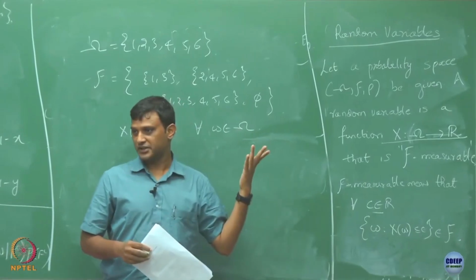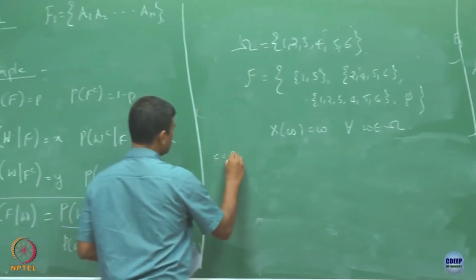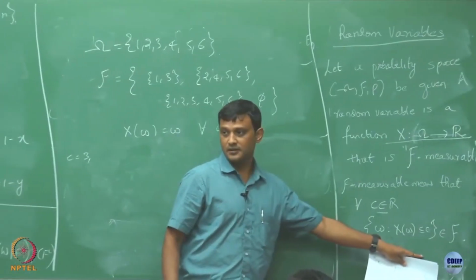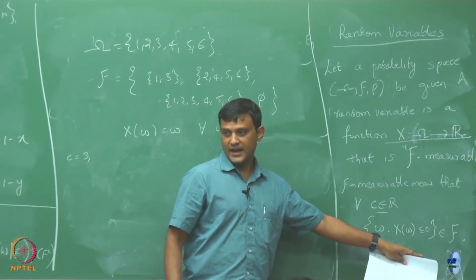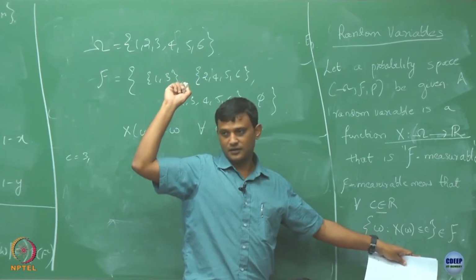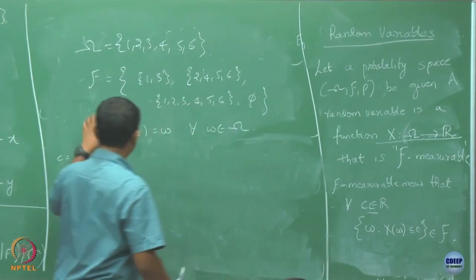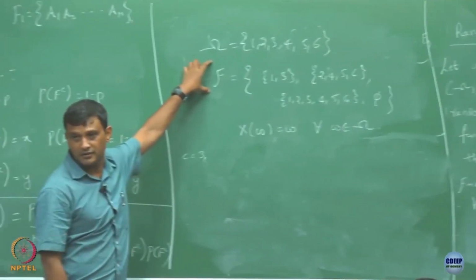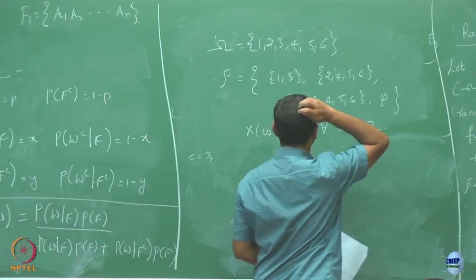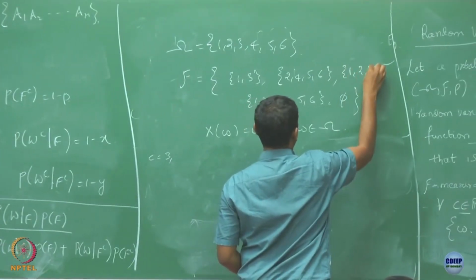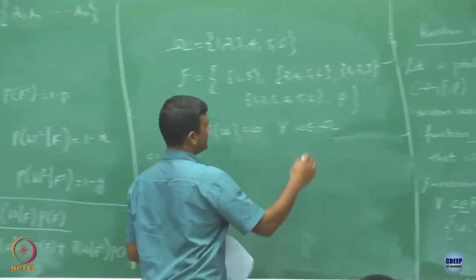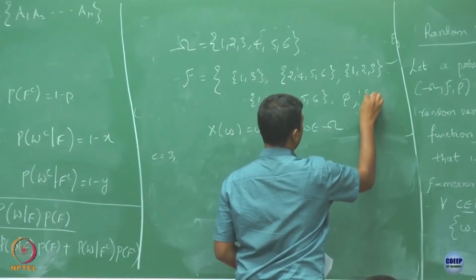So I have the freedom to choose C. Let me choose C to be 3. In that case, what is this set going to be? It is {1, 2, 3}, an event which consists of outcomes 1, 2, 3. Does that belong to my F here? No. So this is not a random variable on this F. But suppose we expand this. Let me include {1, 2, 3}, and let me also include its complement {4, 5, 6}.